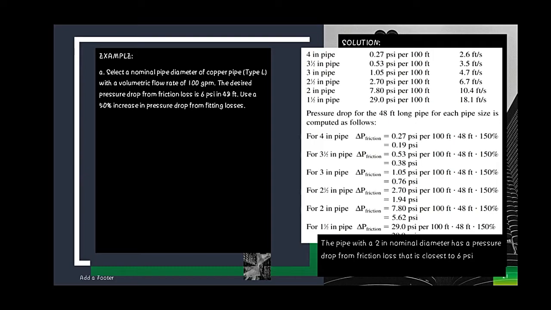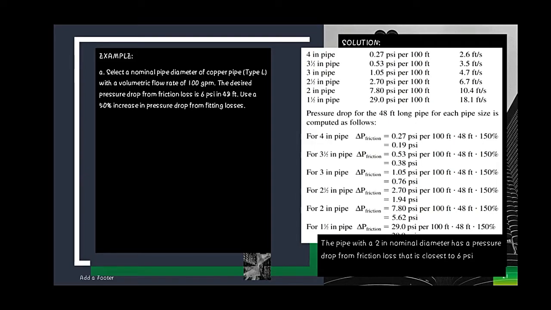And then magkakaroon tayo ng 0.19 psi, and then compute natin yung sa 3.5-inch pipe, pati na rin yung 3-inch pipe, 2.5-inch pipe, 2-inch pipe, and 1.5-inch pipe.